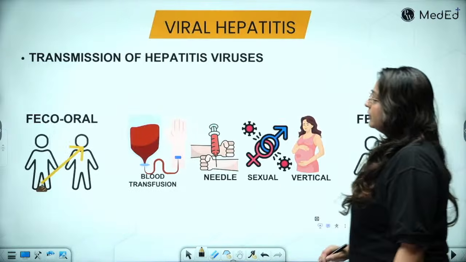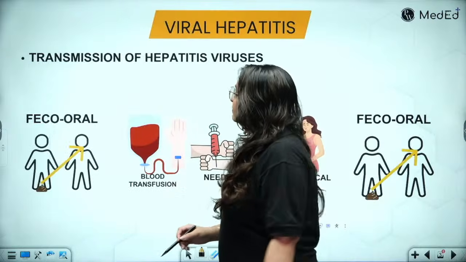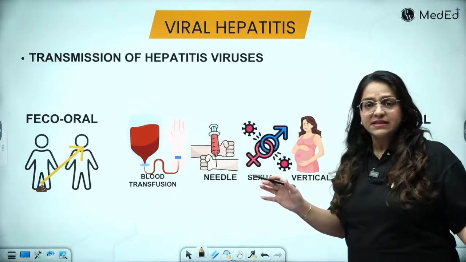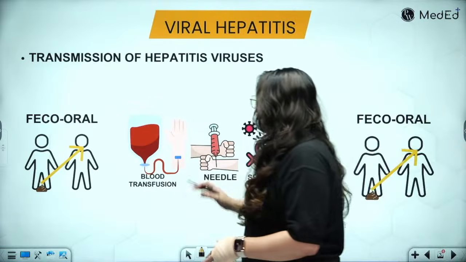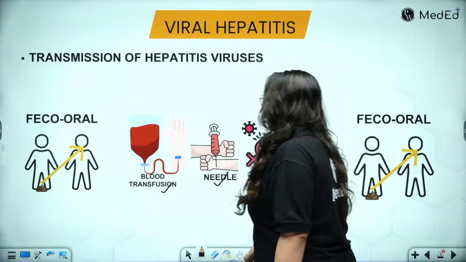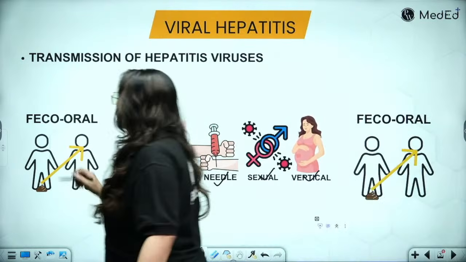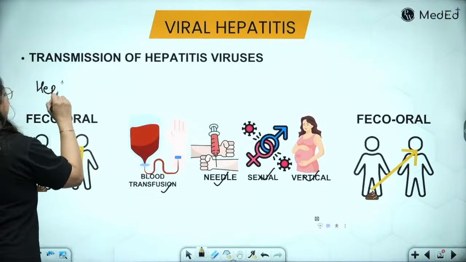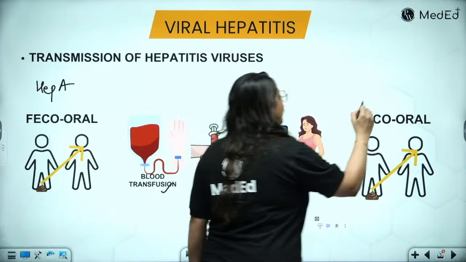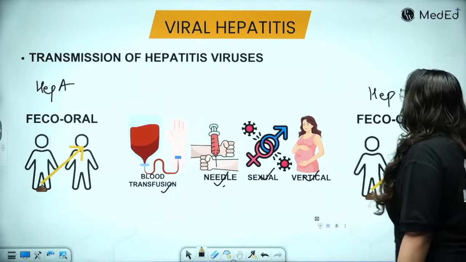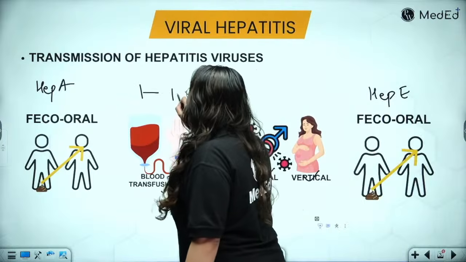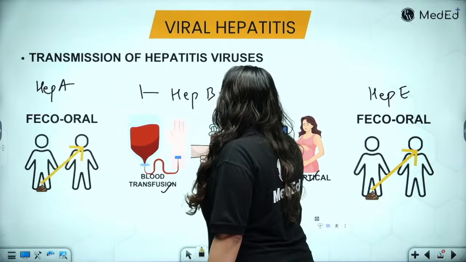So you know that when I'm talking about hepatitis A to E viruses, the transmission can be fecal-oral, blood transfusion, needle stick injury, sexual, and vertical. Why do we always write it like this? My students would know that on this side I will write hepatitis A, and on this side I will write hepatitis E, and in the middle I will write hepatitis B, C and D, right?